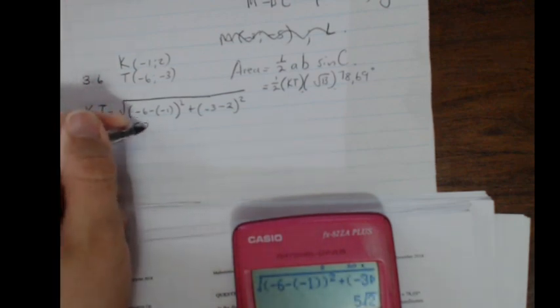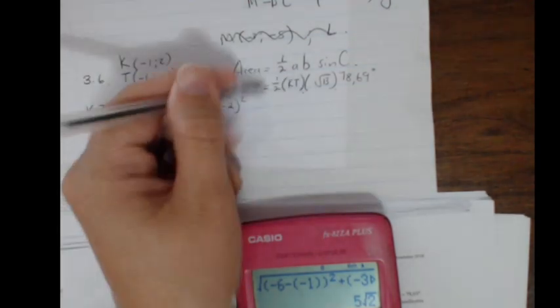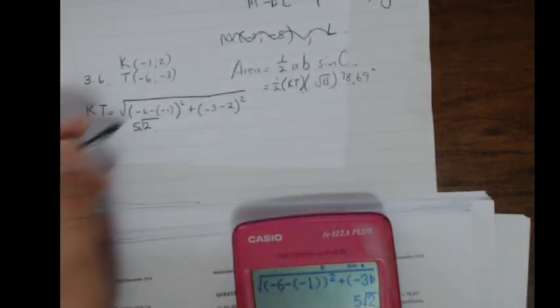You can type this into your calculator just as it is there. So, bracket -6 minus -1, close the bracket, squared, plus bracket -3 minus 2 squared. There we go. 5 root 2. I'm just going to leave it like that and substitute it in there. That's my rough work.